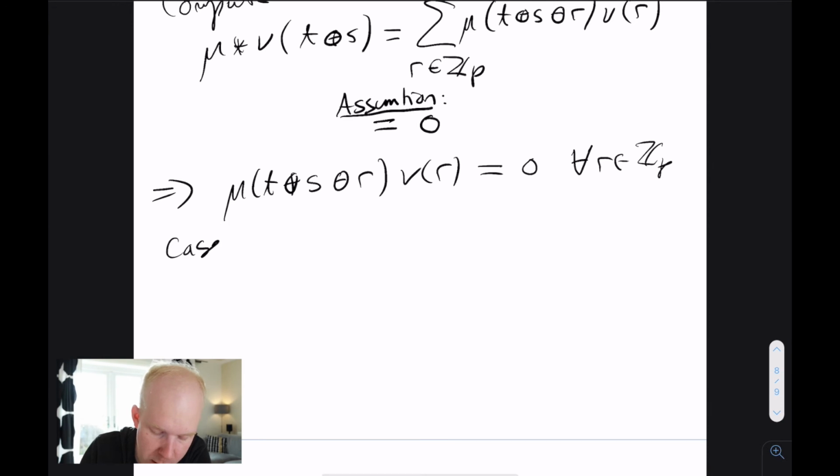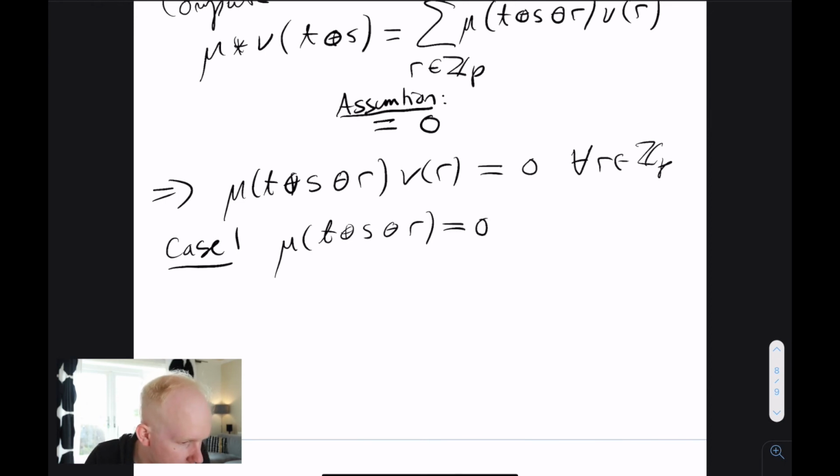Now there are two cases when this is possible. Case 1 is that mu(t plus s minus r) is equal to 0.